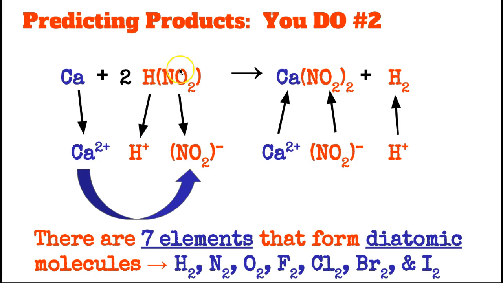So nitrite has 2 because of this coefficient of 2, so we need to verify on the other side that it's good to go. If we look, we have 2 nitrites over here, 2 nitrites over there. So this should be good and balanced. 1 calcium on each side, 2 hydrogens on each side, 2 nitrites on each side. So just by adding that 2 there, we've completely fixed the problem.